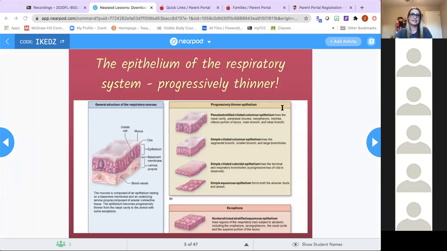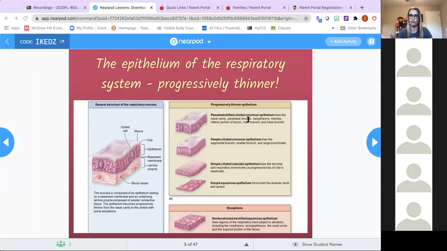The respiratory system, as is shown on this table, is lined by a progressively thinner and thinner epithelium. As we move from the upper respiratory system towards the alveoli, you will see that the cells get smaller and smaller as far as their thickness goes, okay? The upper respiratory system is almost exclusively lined by pseudostratified glandular ciliated columnar epithelium.